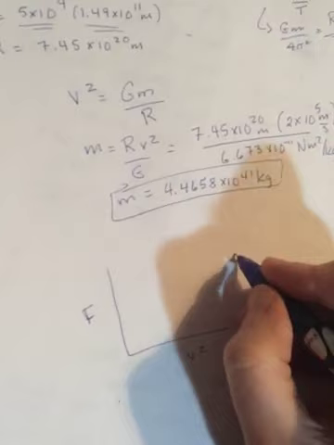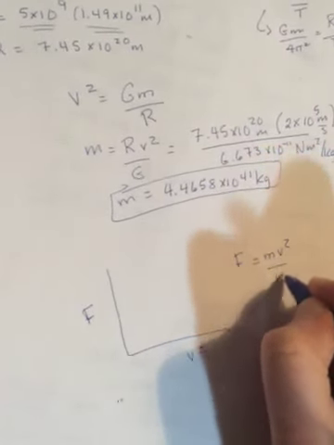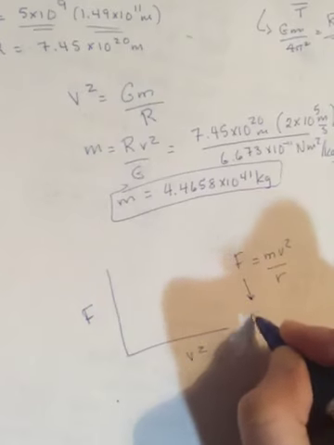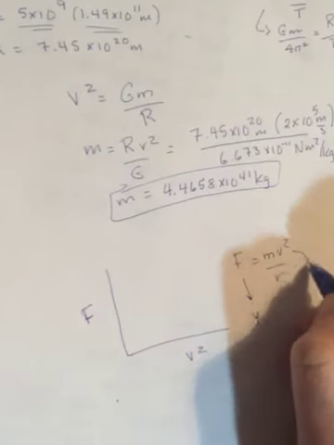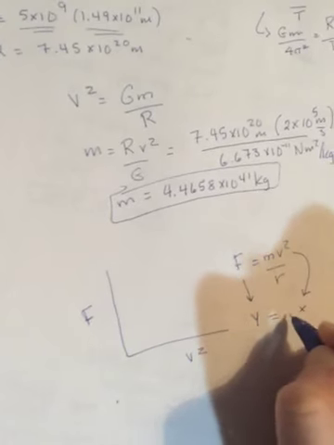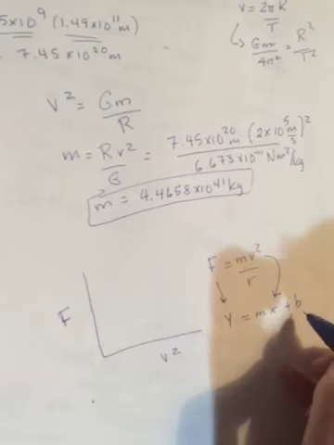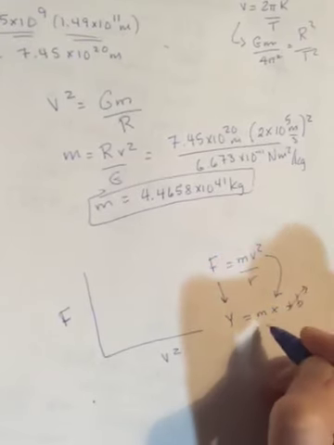Okay, so if we think about it, F is equal to m v squared over r. So F is your y, and v squared is your x. And remember, the equation is y equals mx plus b. There is no plus b here, so it should go through your origin.